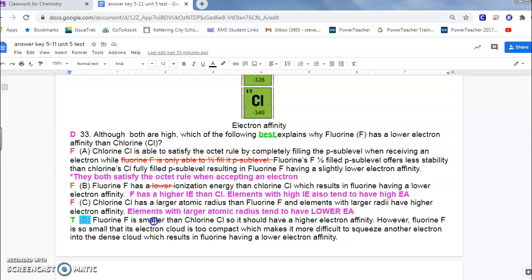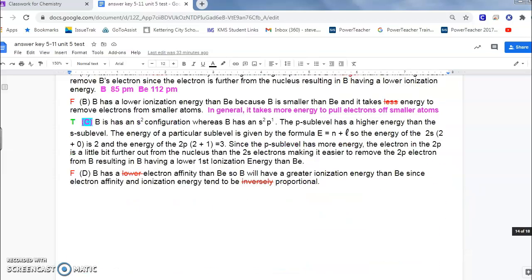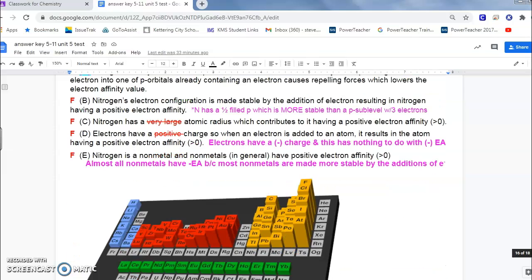It's because fluorine, as it says here, is so much smaller that its electron cloud is very compact. In other words, fluorine's so small that it's hard to squeeze an electron in because that cloud is so small and compact that it will try to repel the electron you're giving to it. And that explains the affinities here on this chart.